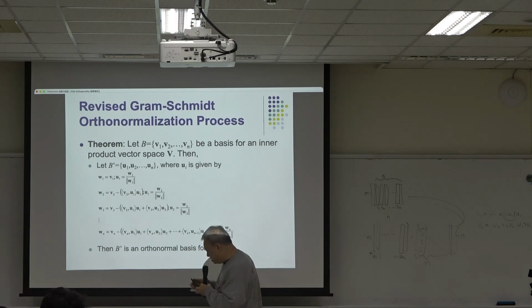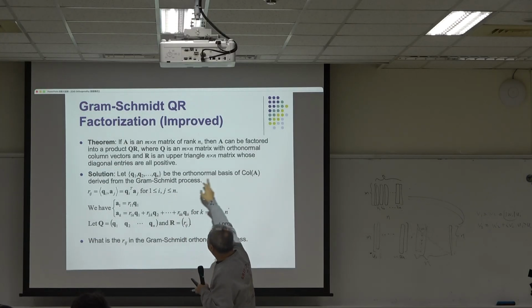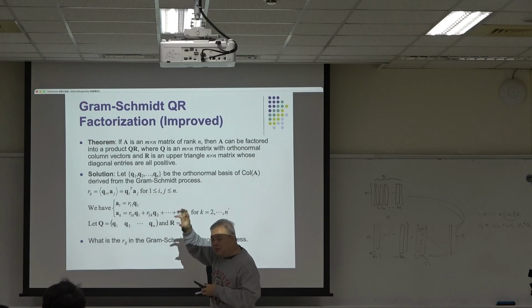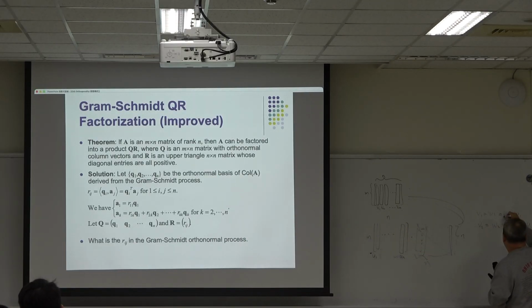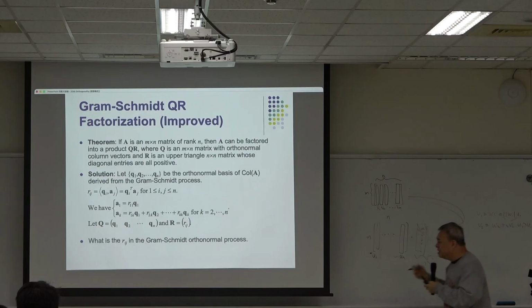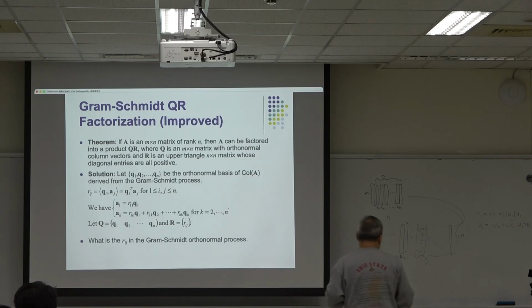these diagonal elements are all positive. The easiest example you can see is W1. The second one takes some effort to represent your U2 by U1, B1, B2.